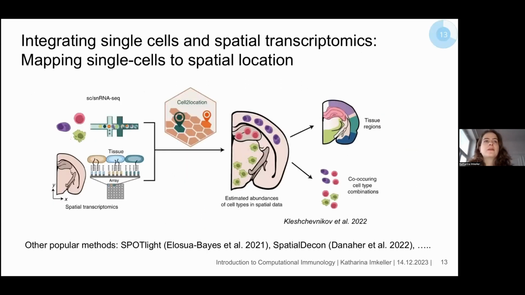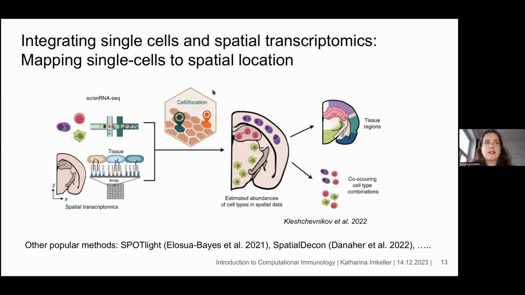So with this, I would like to move one step further and also mention that you can integrate single cell data with spatial transcriptomic data. And these computational methods basically have the aim to map the single cells to the spatial location.